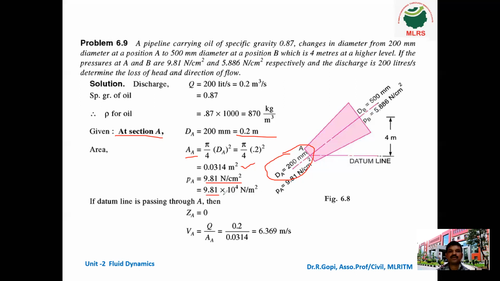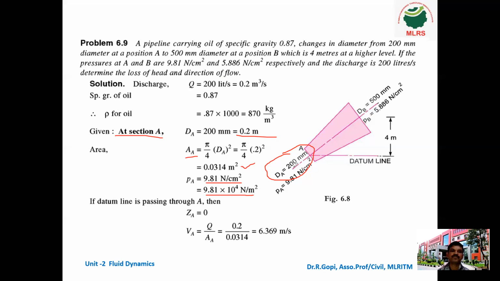So 9.81 into 10 power 4 Newton per meter square. In the question they may give centimeter or mm, so whatever they give, you must convert into meter or meter square, because in all fluid mechanics problems we are dealing in terms of meter only.